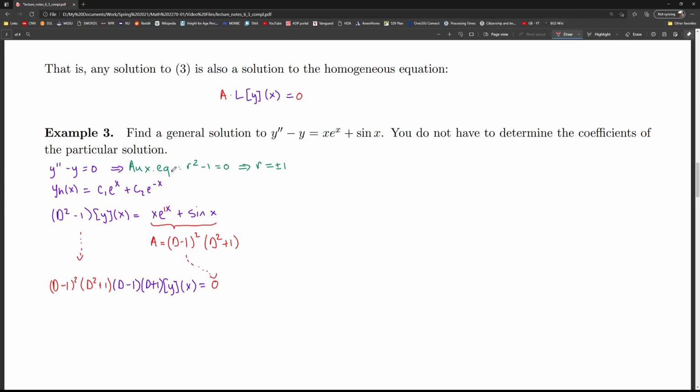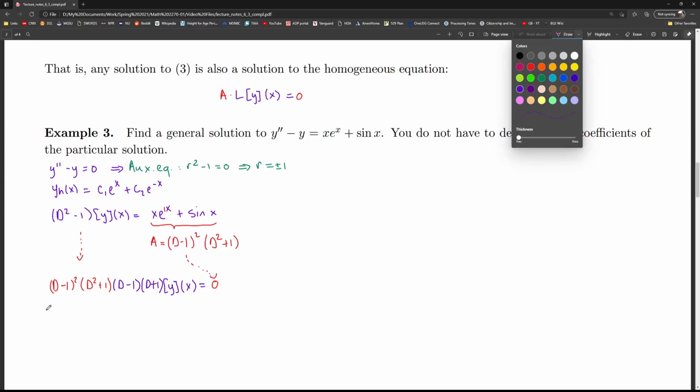So we've transformed our non-homogeneous equation into a homogeneous equation. And now we can simplify the left-hand side a little bit because there's a factor of d minus 1 and a factor of d minus 1 here.